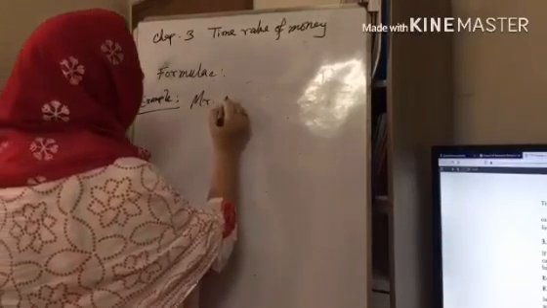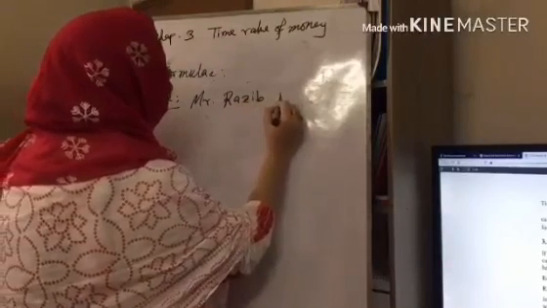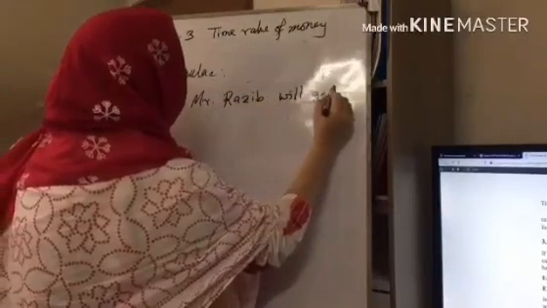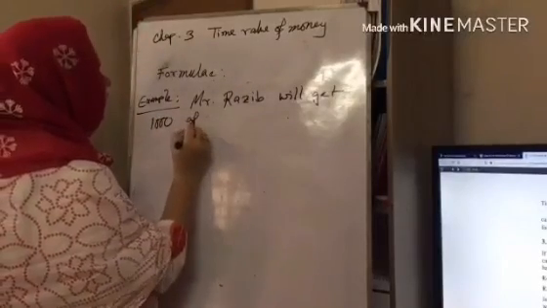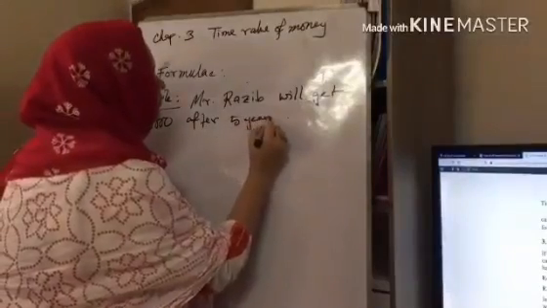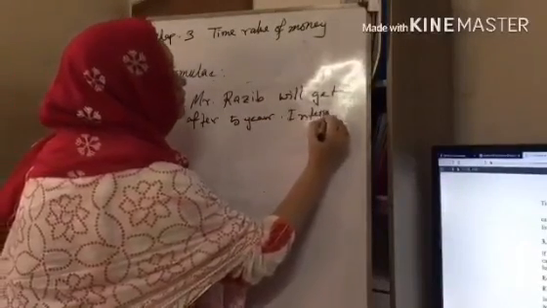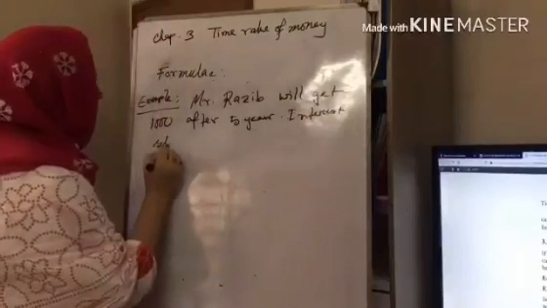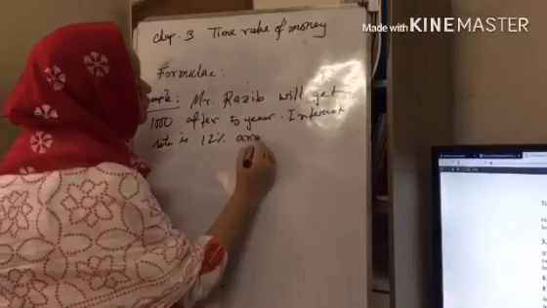Mr. Rajiv will get 1000 taka after 5 years. Interest rate is 12% annually.